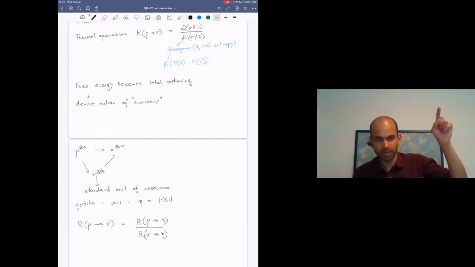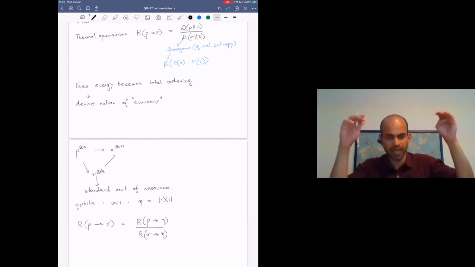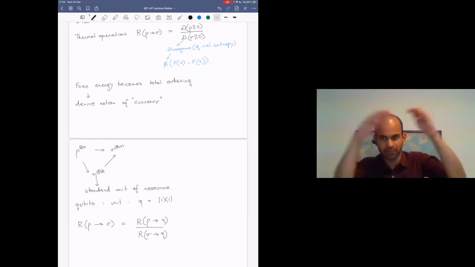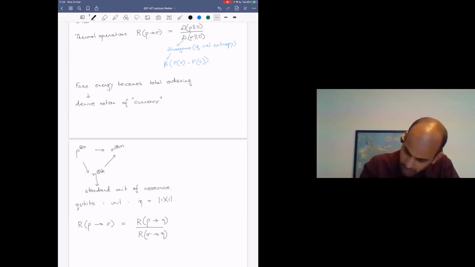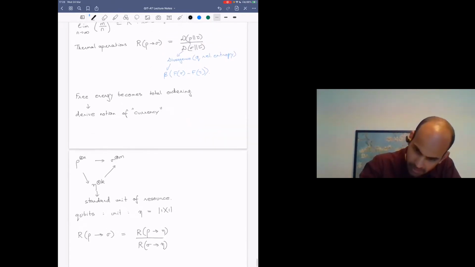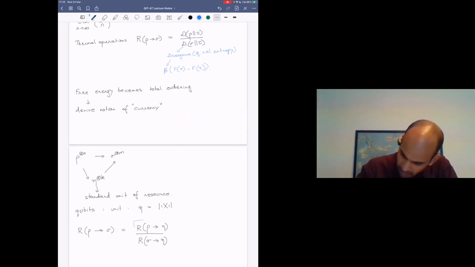So you compare every transformation, you reduce to the transformation of every other resource to the standard unit and back, and this gives you this rate. Then r of rho to eta becomes your currency.